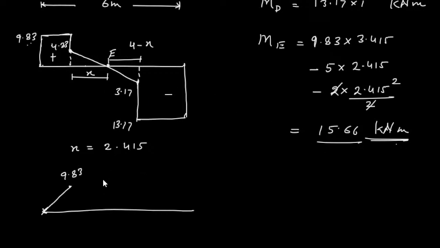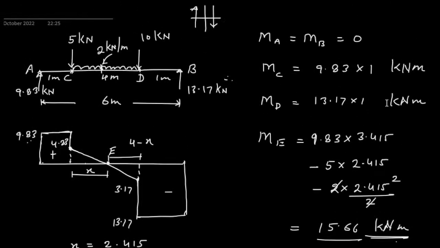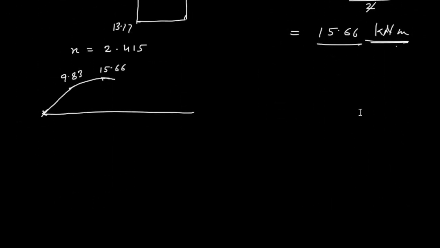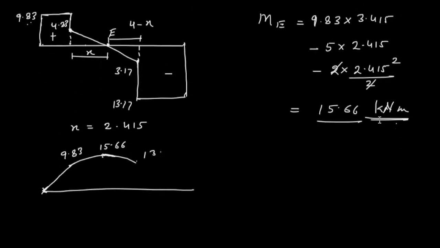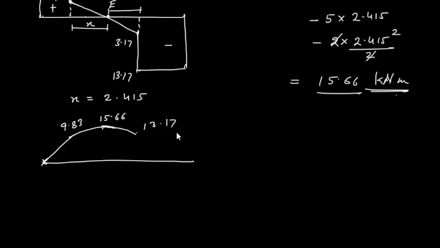Point E is somewhere here, and it will go something like this, a parabola, because UDL is there. This is 15.66. That parabola will continue till point D, where the moment is 13.17, and then I will join with this point.